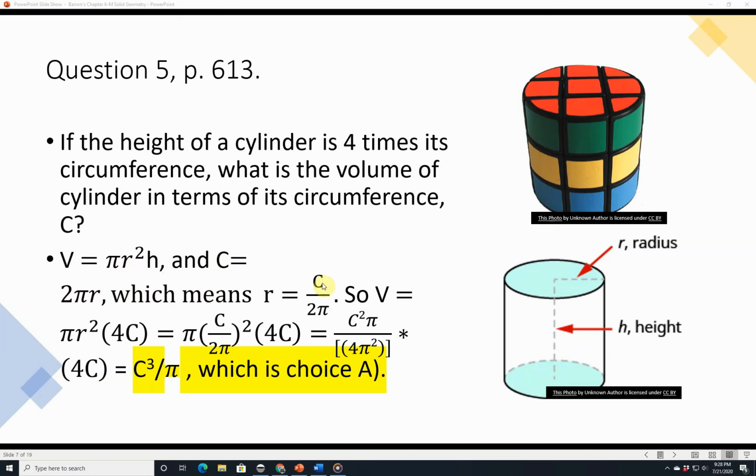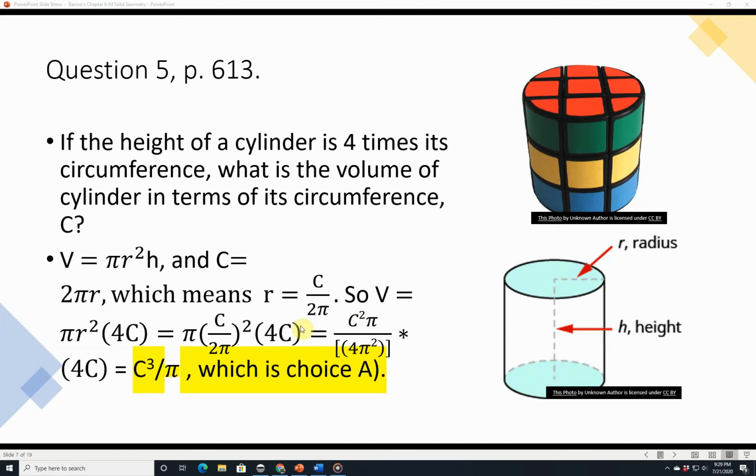Now what we can do is substitute c over 2 pi into this equation here where we see r. So V is going to be equal to pi r squared times 4c, and then when we substitute it in, it ends up being pi times c over 2 pi, that whole expression squared, times 4c. Of course, when we square this, we end up with c squared over 4 pi squared. When you multiply that by pi, you're going to end up with c squared pi over 4 pi squared. So you can see that this pi and one of these pi's cancel out.